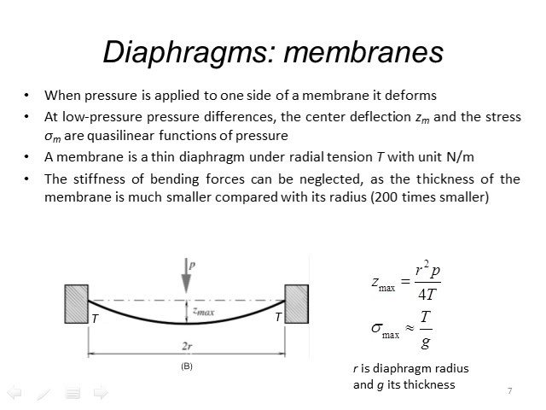So for membranes, we typically look at the center deflection, and the center deflection and stress, which has the same units as the pressure, are quasi-linear functions of pressure, which means that over a short range or over a finite range, you can get a linear function of pressure, the center deflection.